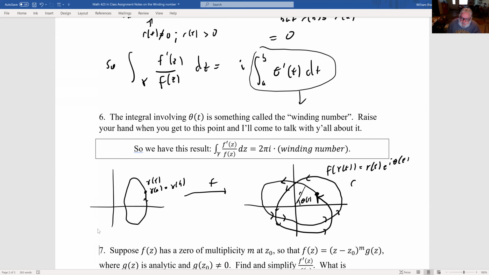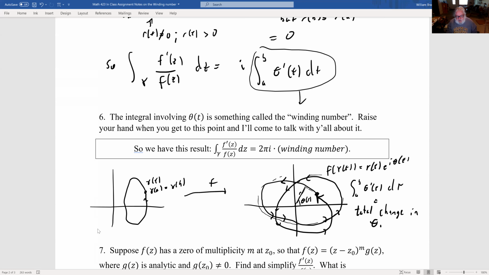So what's the integral from a to b of theta prime of t dt? This is just going back to the meaning of the derivative. The derivative is a rate of change, the rate of change of theta with respect to the parameter t. So when you integrate it, you get the total change in theta, and theta measures your angle from the origin. If you go around the origin once, you get 2 pi.